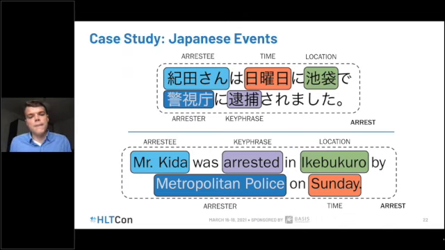So here on the top, I've just made up a sentence which illustrates what exactly they were interested in, with a translation on the bottom for those of you who don't speak Japanese. And you can see it's a pretty standard event type where it has two specific roles: arrestee, the one who got arrested, and arrestor, the one who did the arresting.